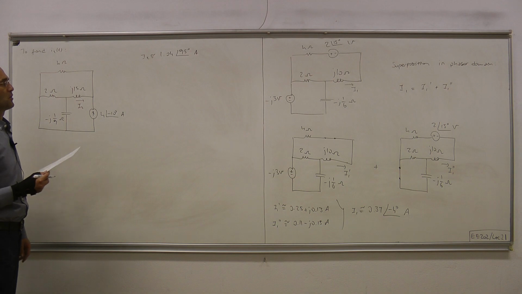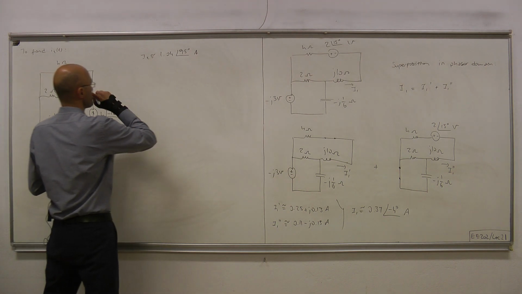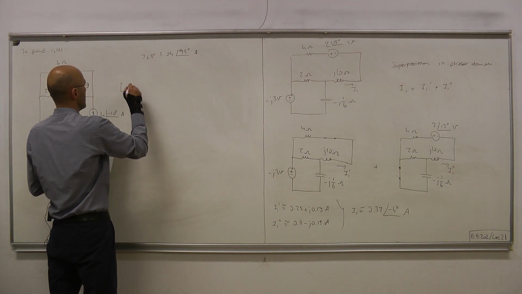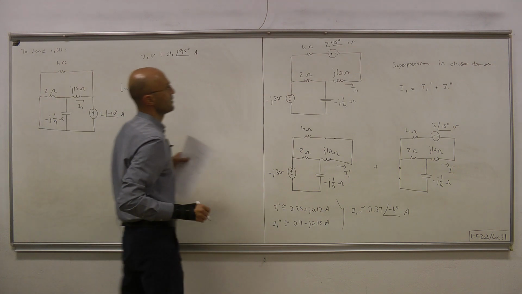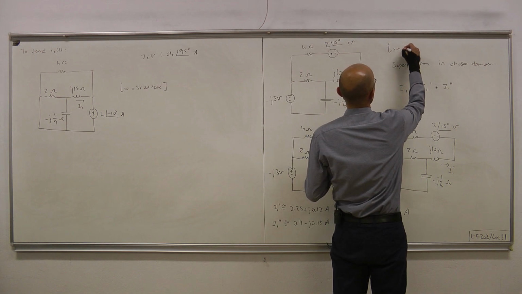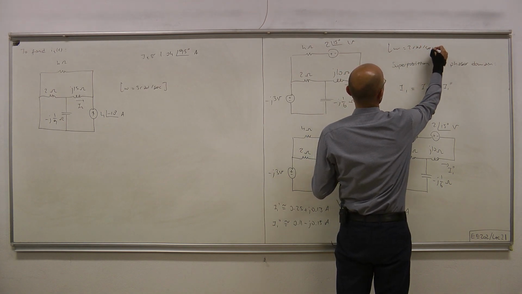Okay, so here the frequency omega was 3 radians per second, and here the frequency omega was 2 radians per second.